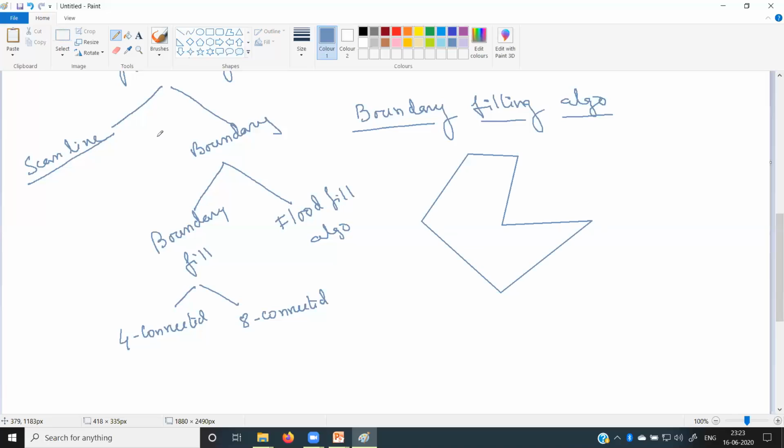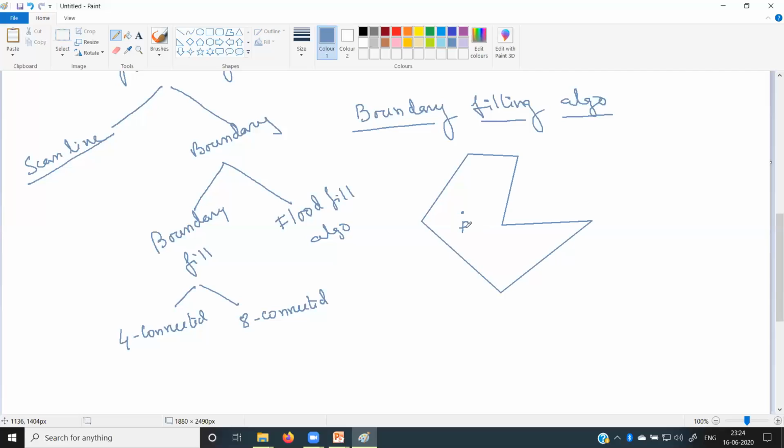Now, step 1 is we have to take a point. Remember the choosing of the point. This is also called the seed point. This point definitely must be inside of the polygon. If I start with a point which is outside of the polygon, then all the area will be filled up except the polygon. So you have to be very careful that while you are selecting, the point P should be inside of the polygon.